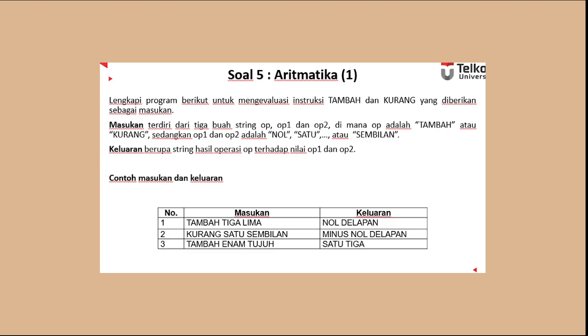The operator will determine what operation that we are going to do with the operands. For example, number 1, we have operator add, operand 1 is equal to 3, and operand 2 is equal to 5. So the program will return 0, 8.